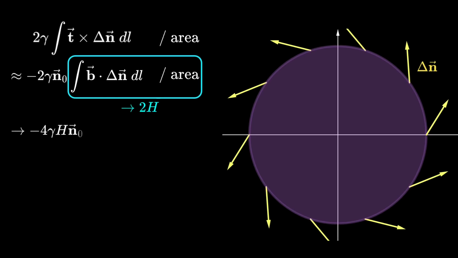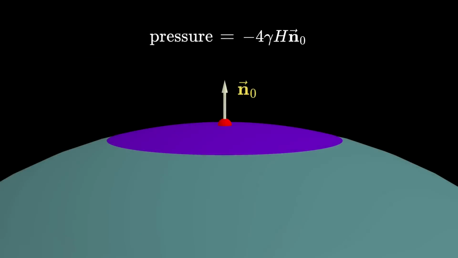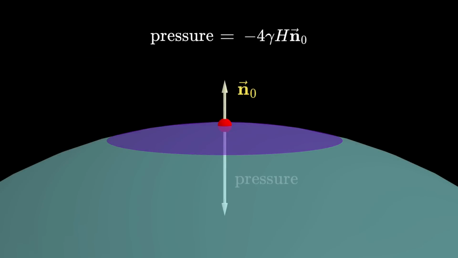So the pressure at a point is perpendicular to the surface with direction n0, and the magnitude is proportional to the mean curvature. The soap film evolves under this pressure. This calculation only considers the surface tension. In general, you might have to consider something like atmospheric pressure.